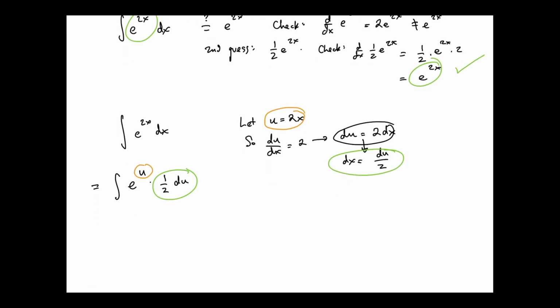Now, one of the things that's true about integrals is if I have a constant inside, can I take that out? Yes, so I can do this. Why is it okay for me to pull that 1/2 out front?